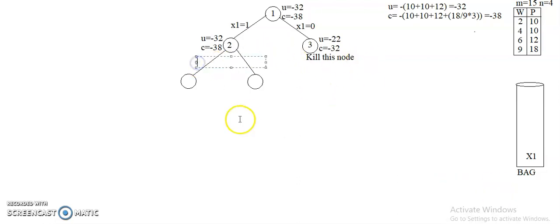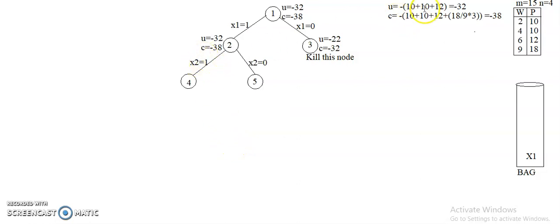Now let me check whether I am able to go for x2 equal to 1. Can I include the second item or not? So x2 is equal to 0, and I will place the second item here as 0. Let me name the node as 4, and here I will label the node as 5 in my state space. So two nodes I have created.